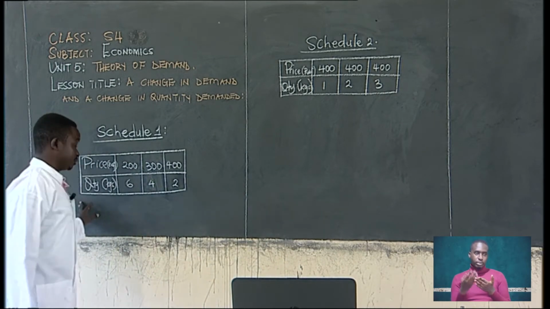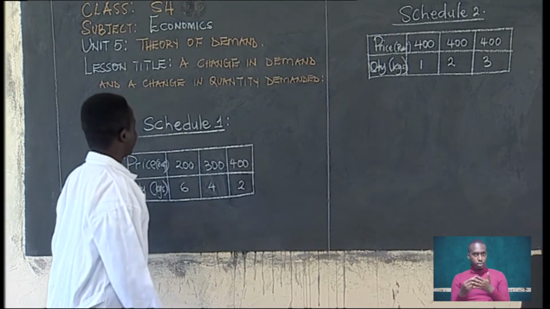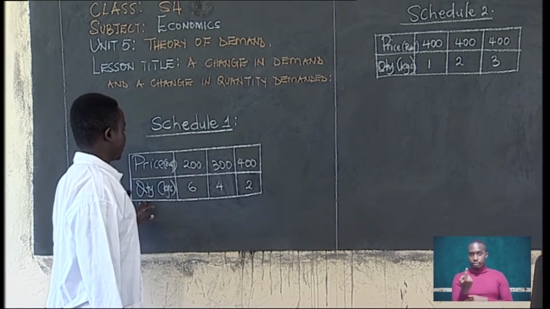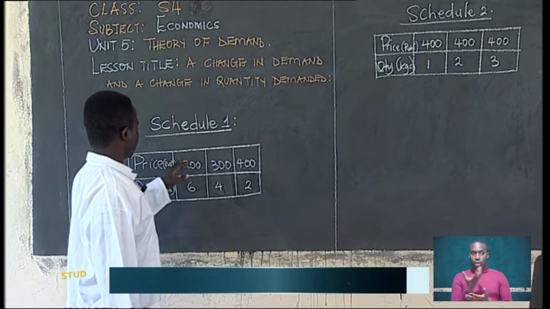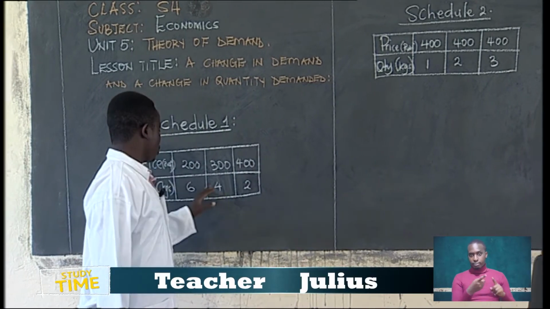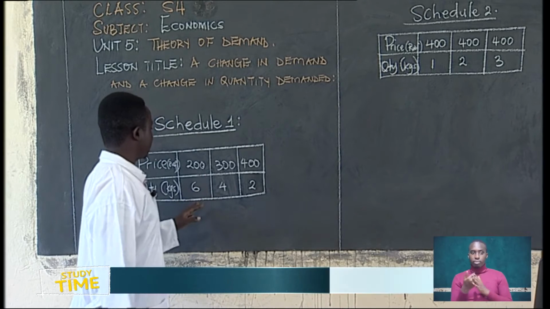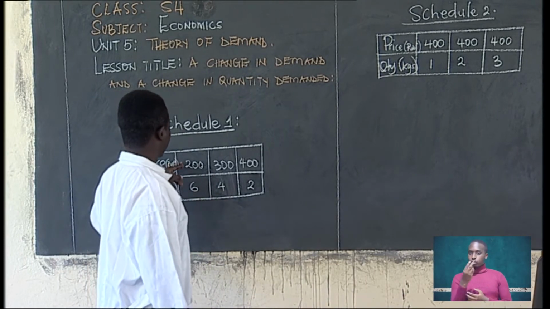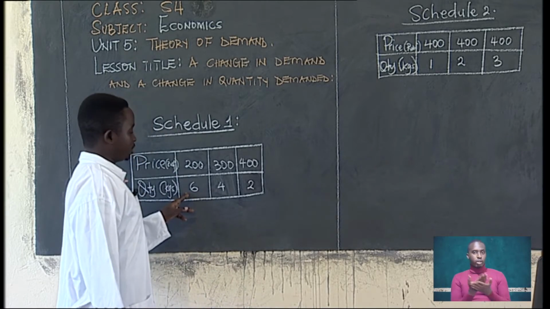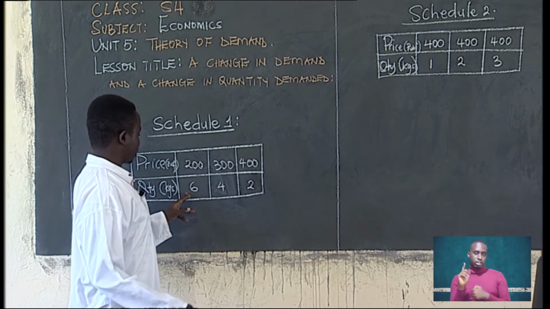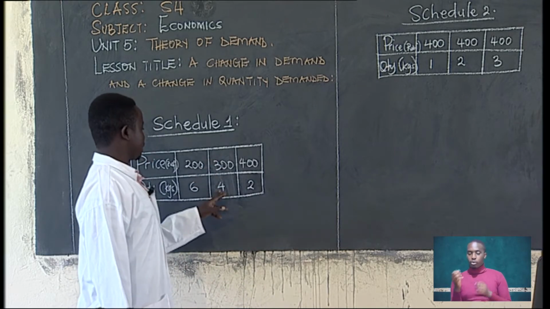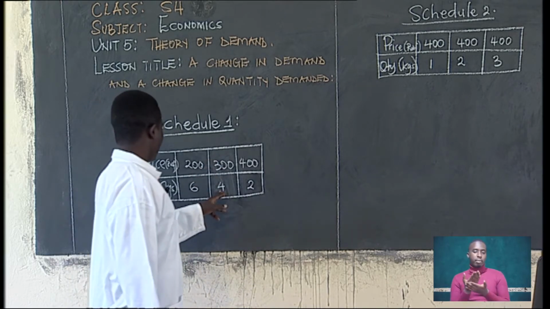Now, if you look at schedule number 1, we have a list of prices and a list of quantity demanded of a given commodity. At 200 Rwandan francs, we can see quantity demanded being 6 kilograms. Then at 300, we have a quantity demanded of 4.